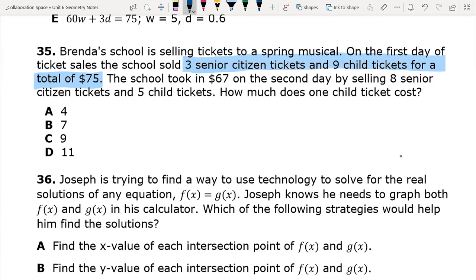I'm going to use the variable S for senior citizen and C for child. So 3 senior citizen tickets and 9 child tickets is going to make $75.